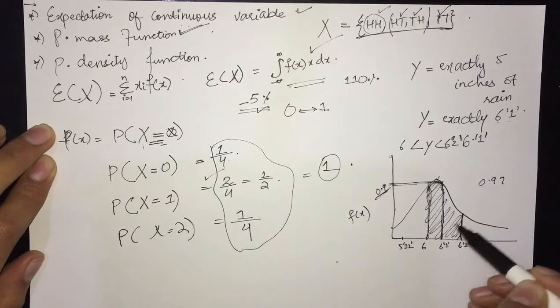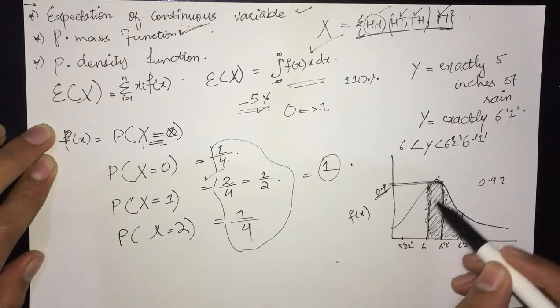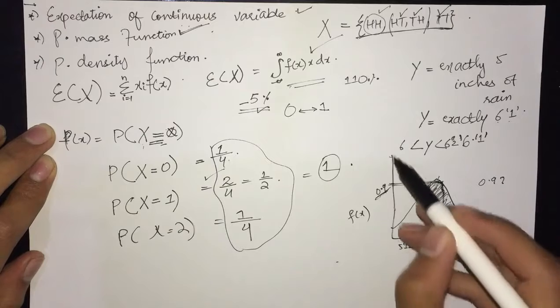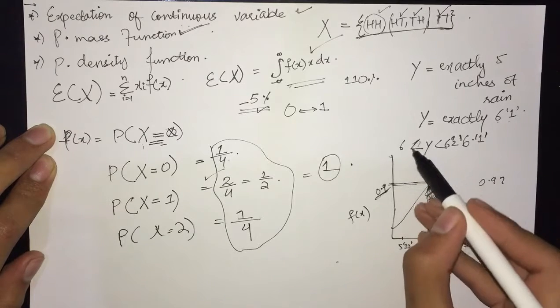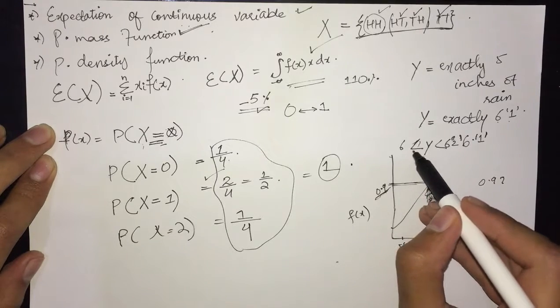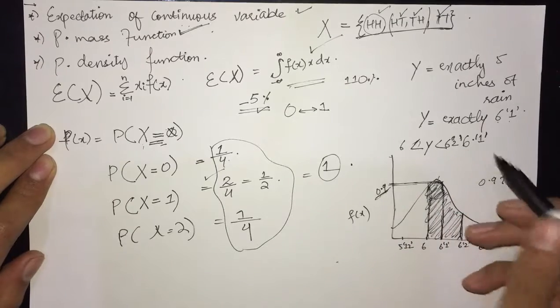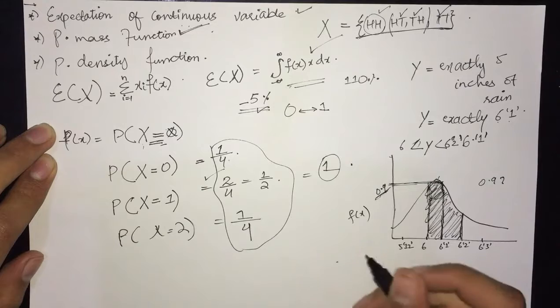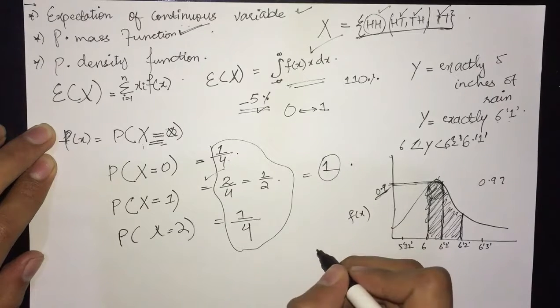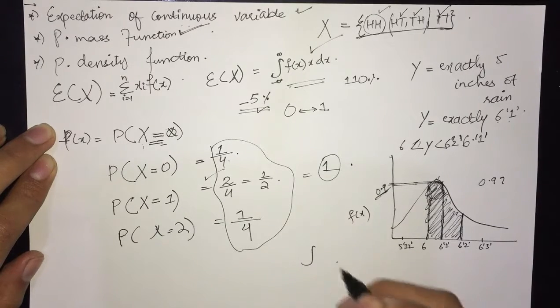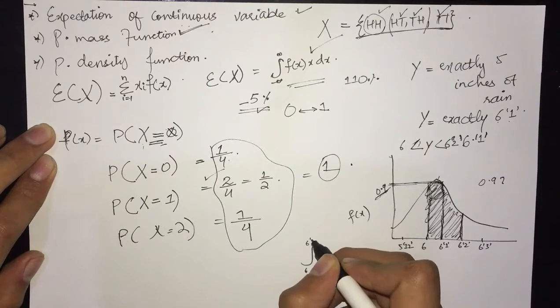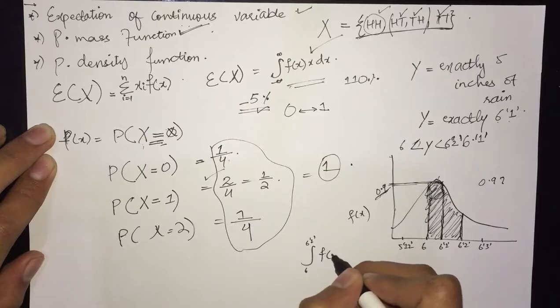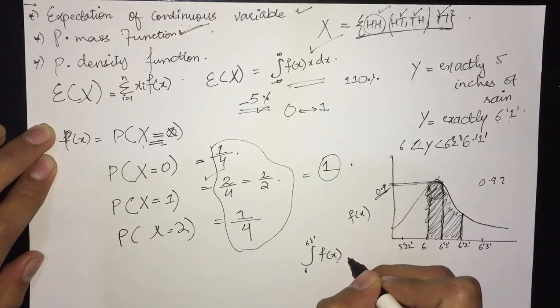So now we can easily calculate the probability of my height being greater than 6 and less than 6 2. The way we can write it is the integral from 6 to 6 2 of f of x dx.